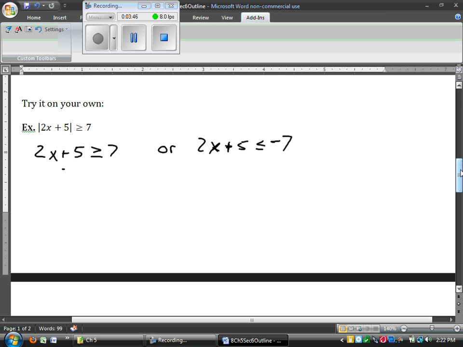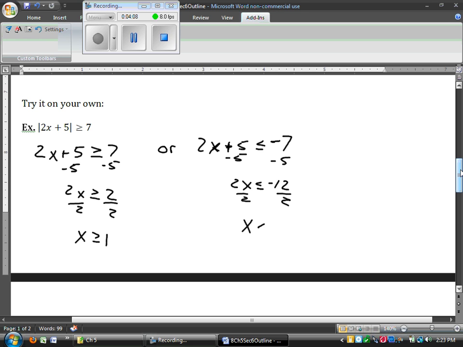We set these two up and solve them each separately, so that 2x is greater than or equal to 2. Divide by 2, x is greater than or equal to 1. Or if we solve this right side, 2x is less than or equal to negative 12. Divide by 2, x is less than or equal to negative 6.